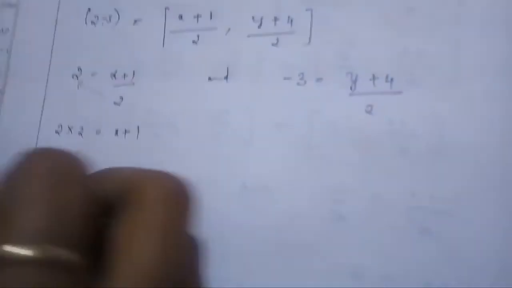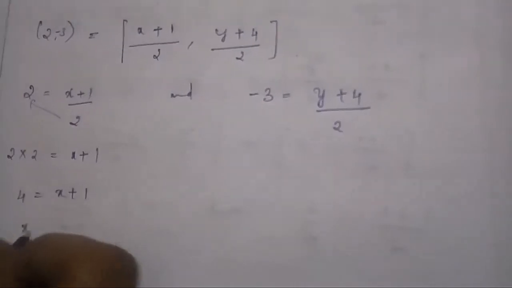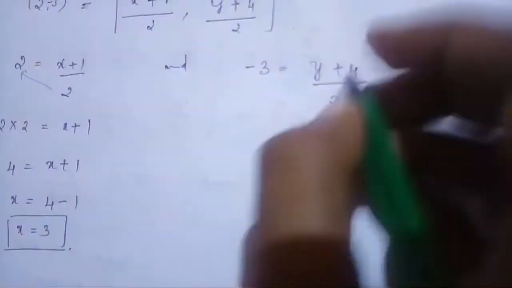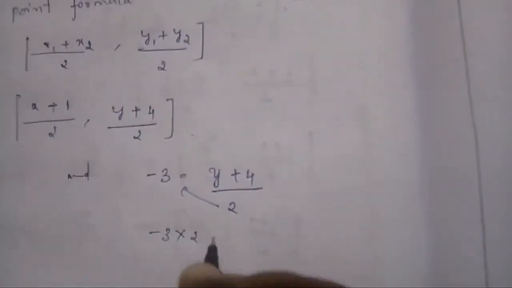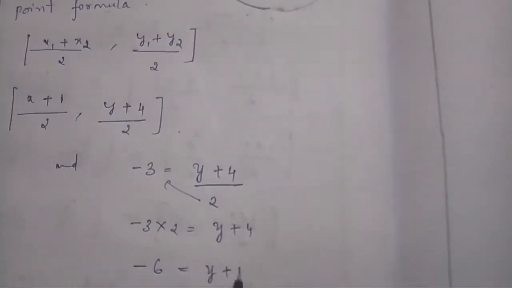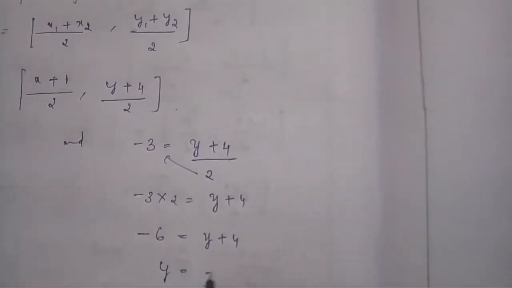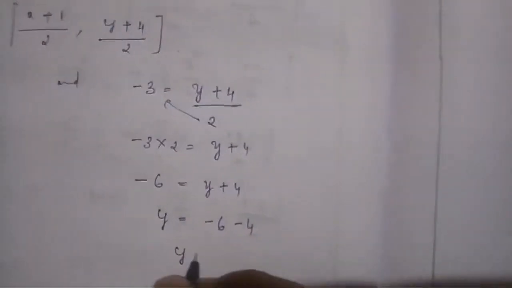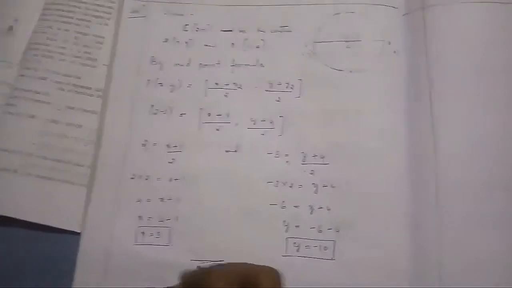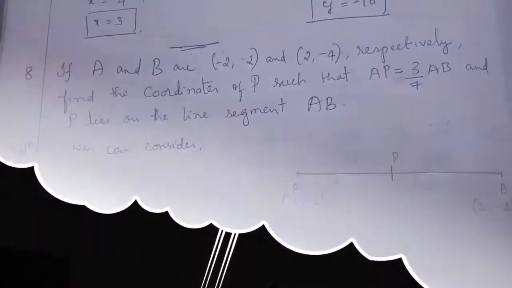That is 4 is equal to x plus 1. x is equal to 4 minus 1, that is x equal to 3. Now here cross multiplication, that is minus 3 into 2, which is equal to y plus 4. That is minus 6 equal to y plus 4. y is equal to minus 6 minus 4. y is equal to minus 10. Got it? Hence solved.